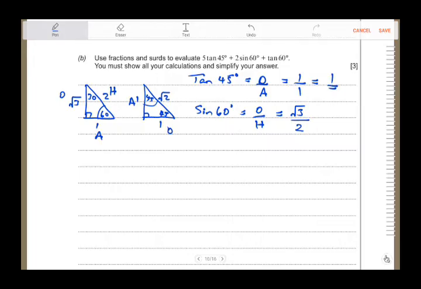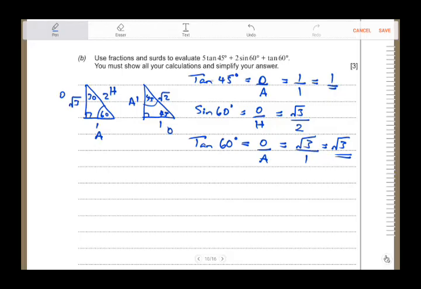So the sine of 60 is root 3 over 2. The tan of 60, again opposite over adjacent, using the 30, 60, 90 triangle because we've got to look at the 60 degree angle. Opposite is root 3. Adjacent is 1. And root 3 over 1 is just root 3.